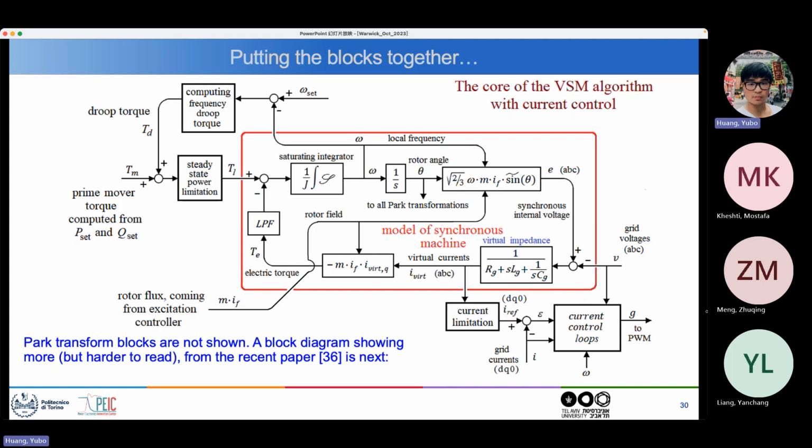So you have an omega center of inertia, which is an average frequency, and then you send this information back to all the DSMs, and each one pretends to do friction against this average frequency. So if it's faster than this average frequency, then you add a torque to the swing equation, which slows it down, and the other way around. If it's too slow, then you help it to speed up.